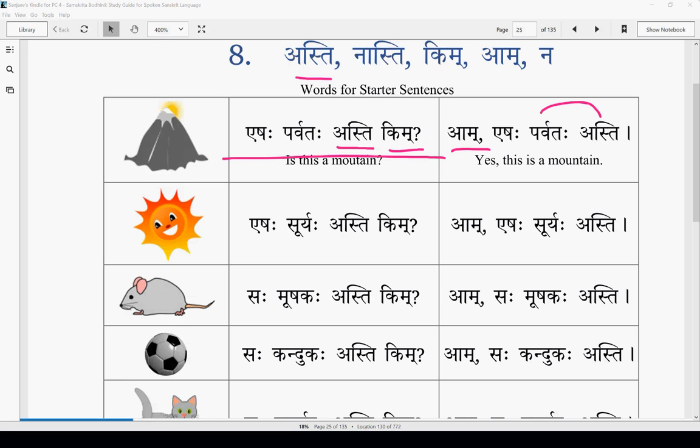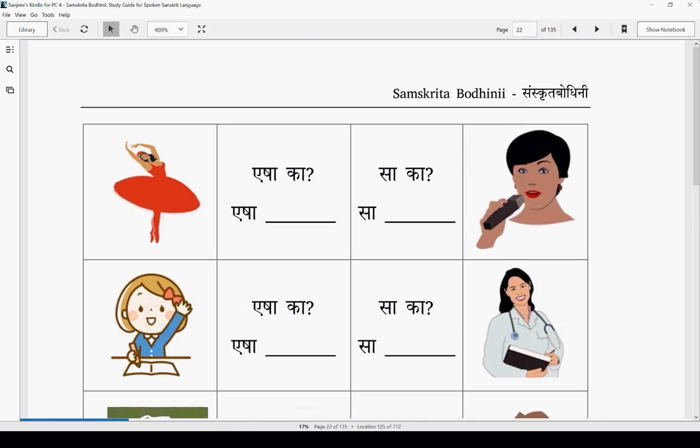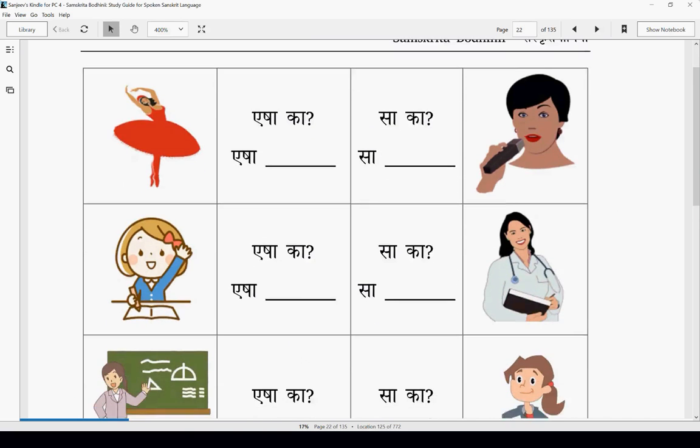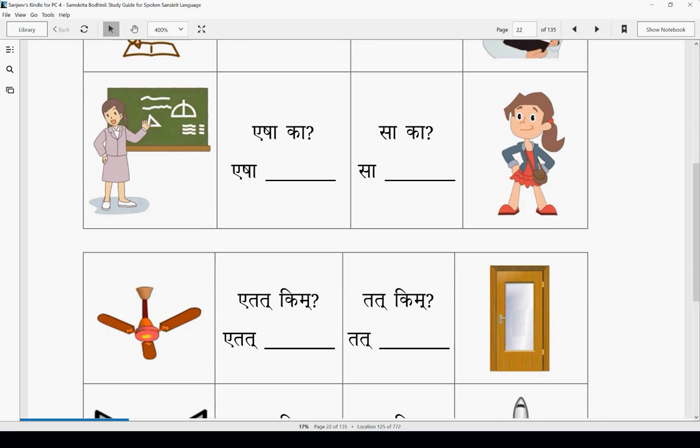Whereas in the previous sentences we studied, for example, etat kim, here we are referring to kim as "this" and "that" with a question mark.